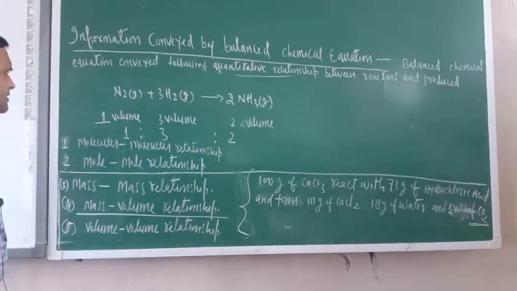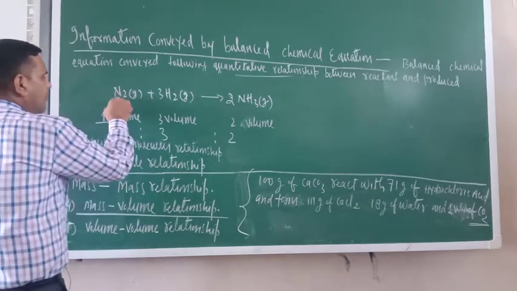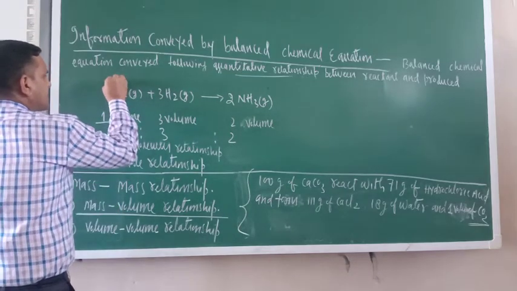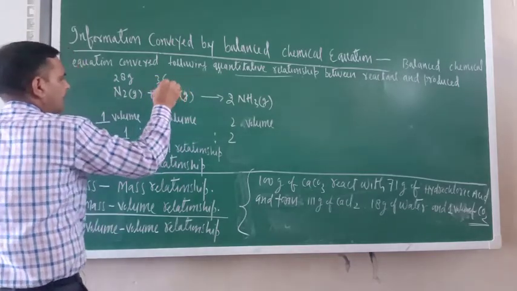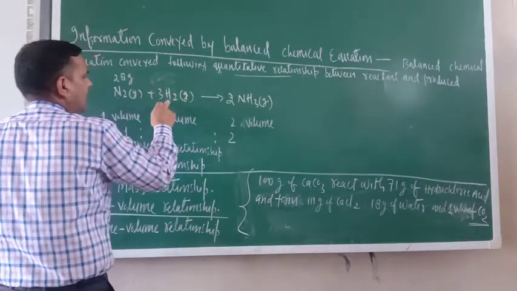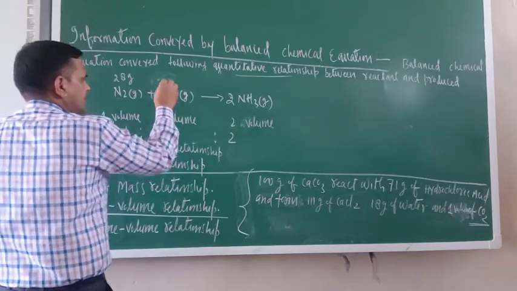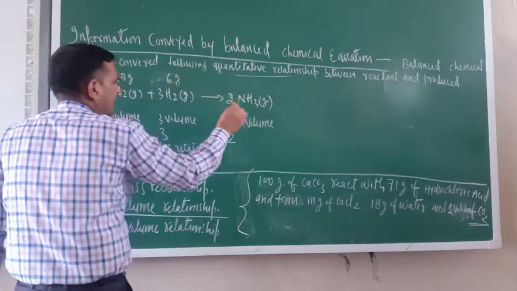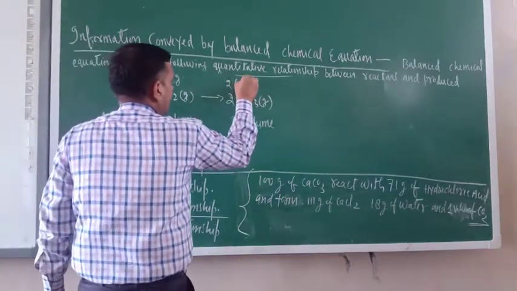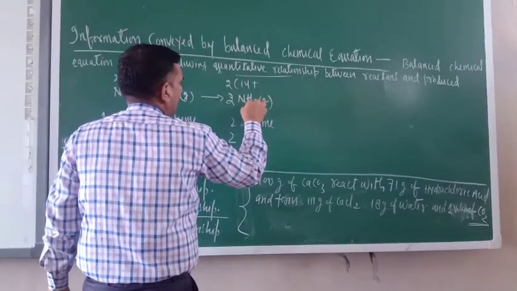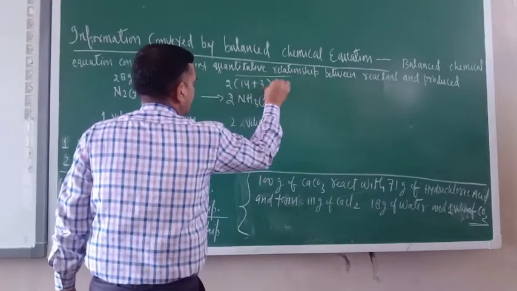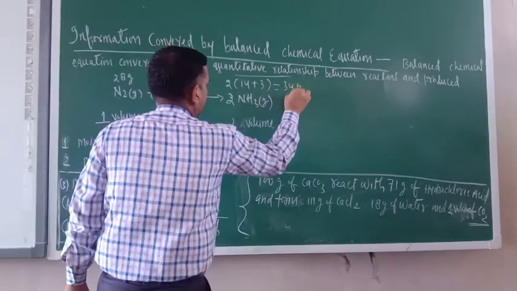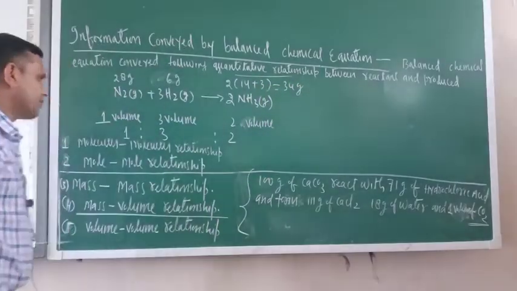Mass, just see, suppose you want mass. 1 nitrogen equal to 14, so this is 28 gram. Here what is there? 3. And 1 hydrogen equal to 1, so 6 hydrogen is there, 6 gram. Here what is there? 2. 1 nitrogen is 14 and 1 hydrogen equal to 1, so with 3 hydrogen, this would be 34 gram.